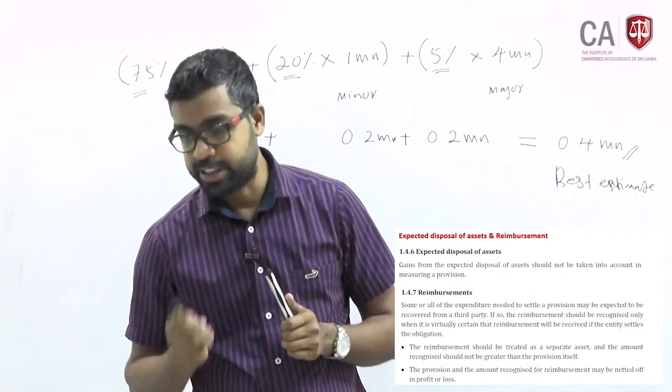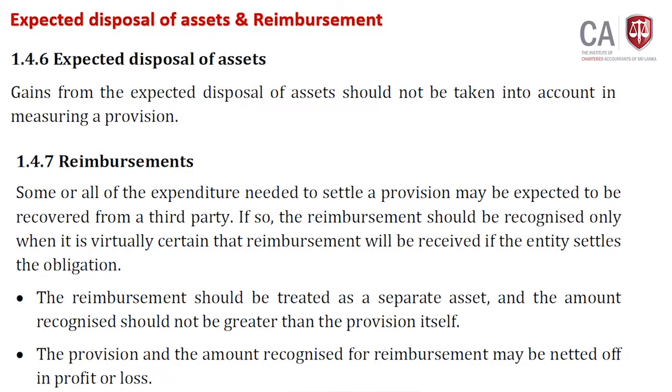Coming back to the presentation, we have done that calculation, right? Expected disposal and reimbursement. I told you, gain from expected disposal of assets should not be taken into account in measuring provision. Right? Let's say in this example, for these major defects, you replace the items, do some repairs and sell them.